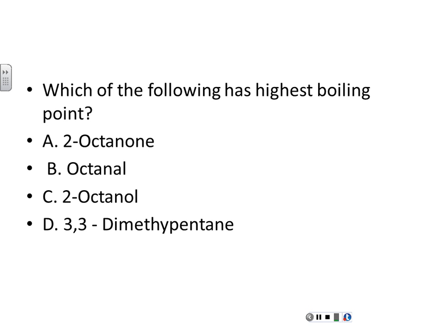It's an alkane. Pentane is five carbon. That's what you do. And at the third position is a methyl group, and another third position is methyl. That's the reason they have that.